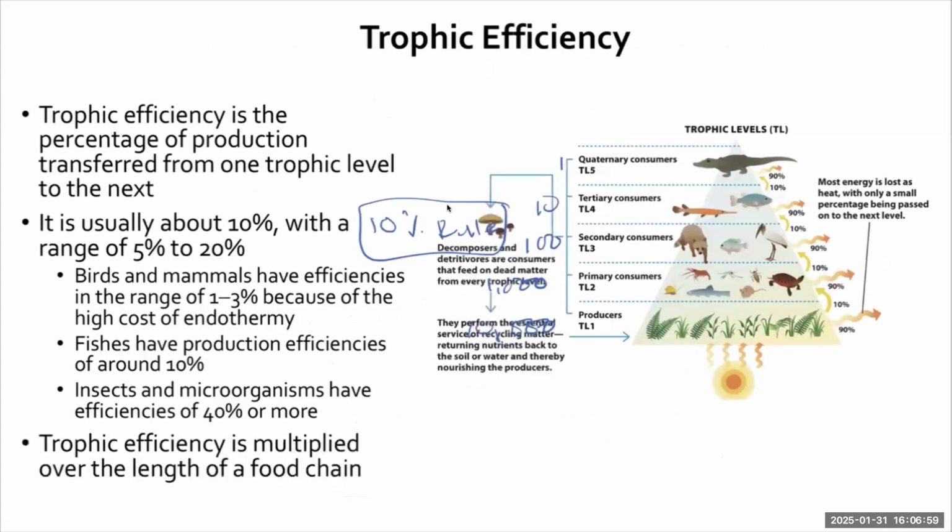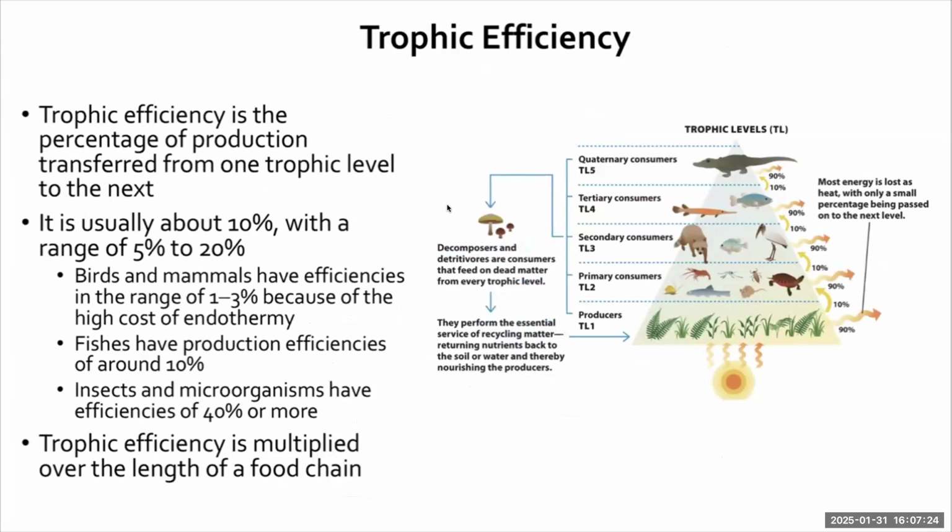A good point to just briefly reference is that it's hard to place decomposers and detritivores on this list. So decomposers and detritivores are organisms that feed on organic material, just like everybody else on this food chain, but they feed on dead or decaying organic material as opposed to living organic material.